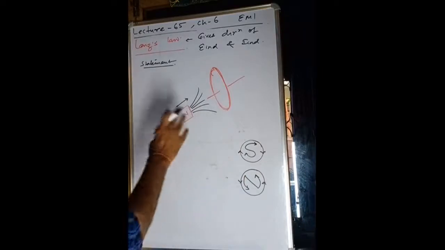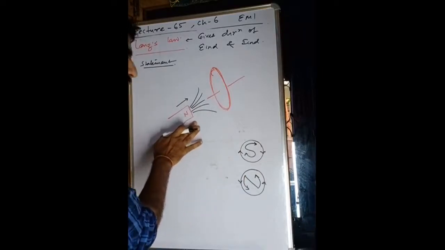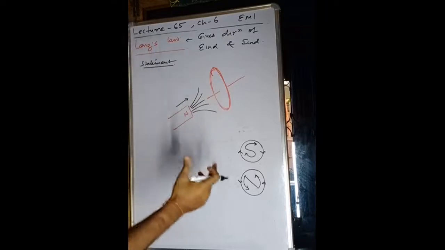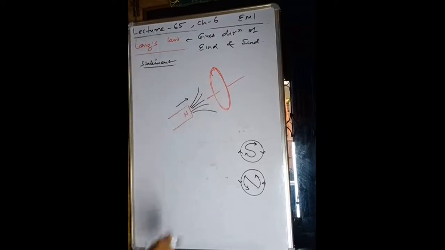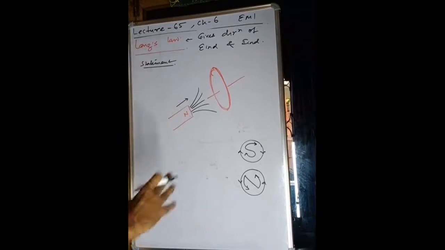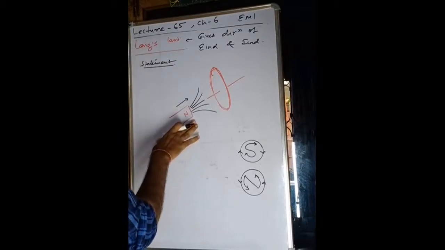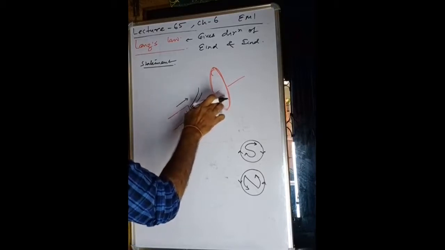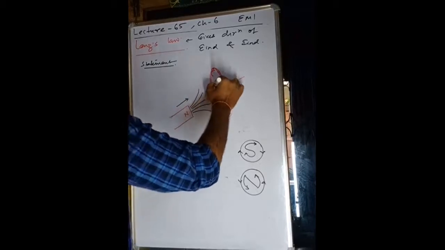Now, if this magnet is moving towards the coil, then which pole will this coil induce to oppose this magnet? The answer is, if a north pole is coming towards the coil, then it should be a north pole there.